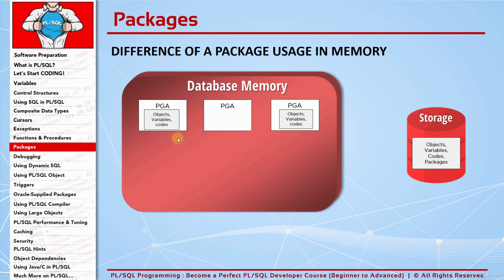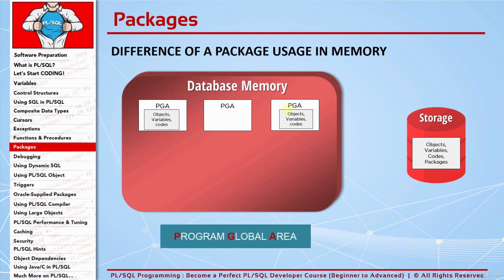Now, you, as a user, all have a specific PGA. PGA stands for Program Global Area. This memory is owned by your user and it is private for you. Other users cannot see or run any code or object in here. So some people call it Private Global Area because of that.